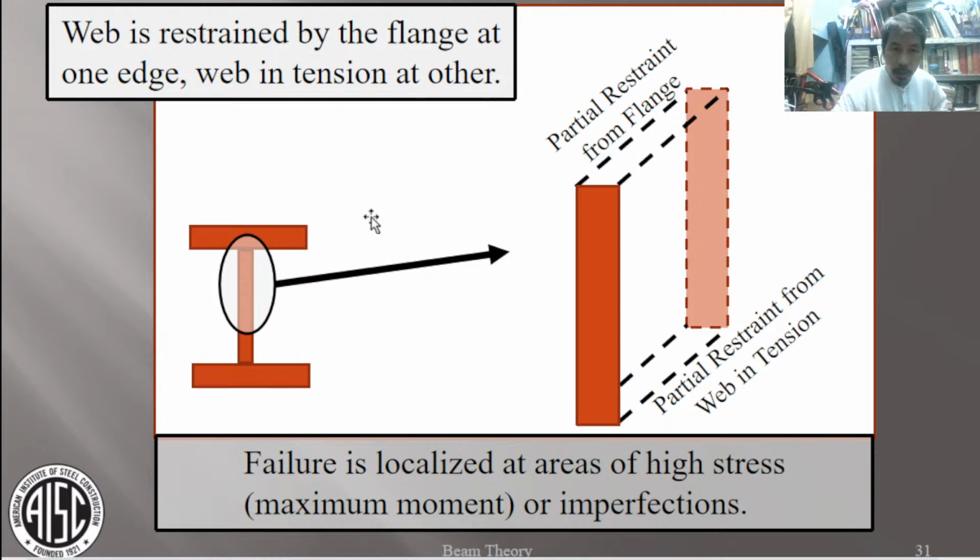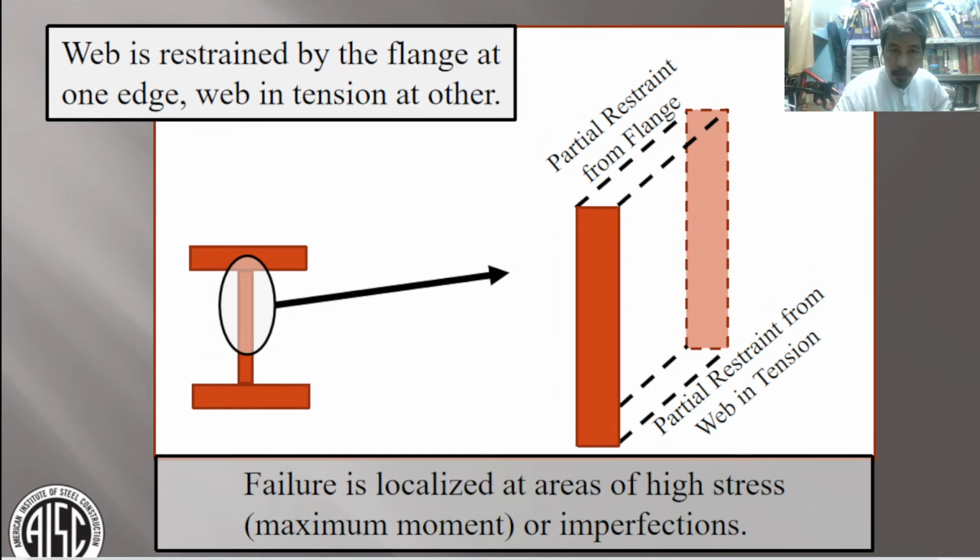So the web is restrained by the flange. We are taking a look at the local buckling related to plate buckling. We have partial restraint from the flange. Meaning now the web is the weakest portion, then it is being restrained by the flange, but still it will buckle.